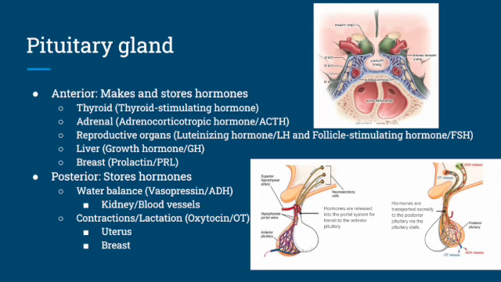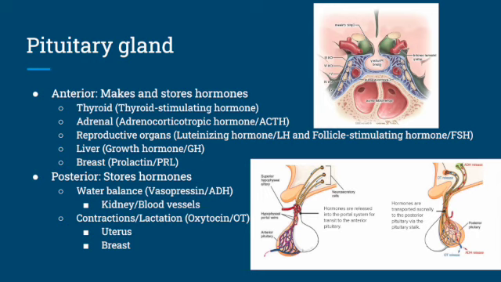And you can see that the target tissue is associated with each of those. So when the pituitary makes thyroid stimulating hormone, that hormone is going to go into the bloodstream and interact with the thyroid. And when adrenocorticotropic hormone gets into the bloodstream, it's going to interact with the adrenal glands. And when LH and FSH get into the bloodstream, they go and interact with the reproductive organs and the gonads, etc.